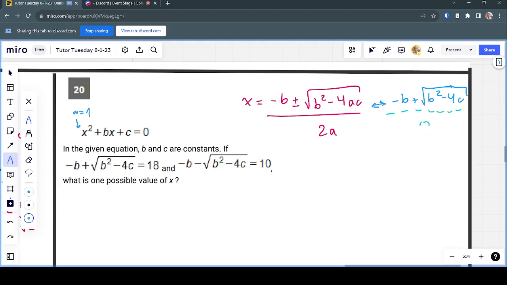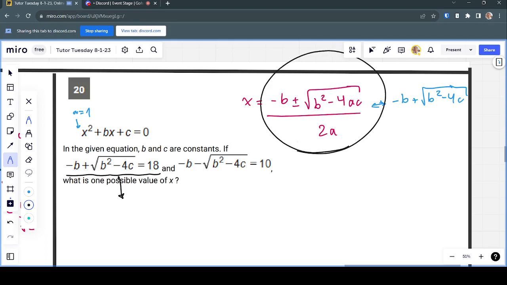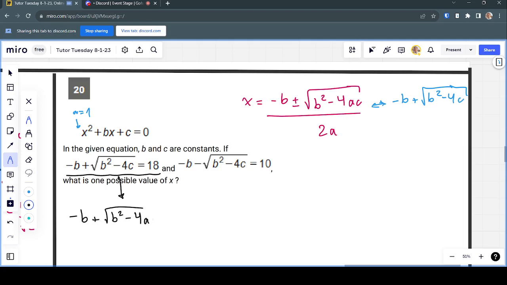So if we want to equate this, let's take this equation right here and rewrite it to include the whole portion of the quadratic formula. Negative b plus the square root of b squared minus 4ac all over 2a.